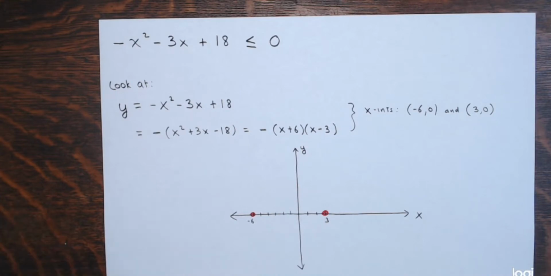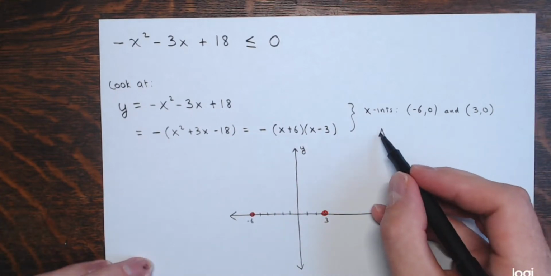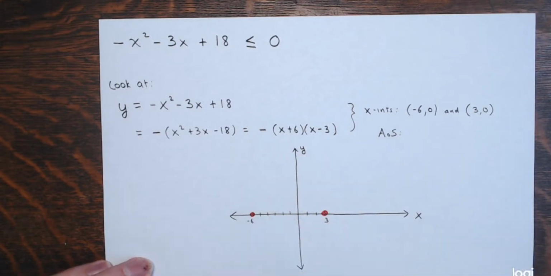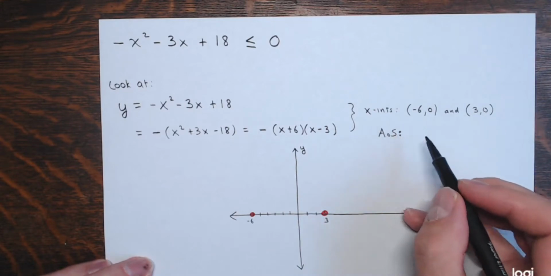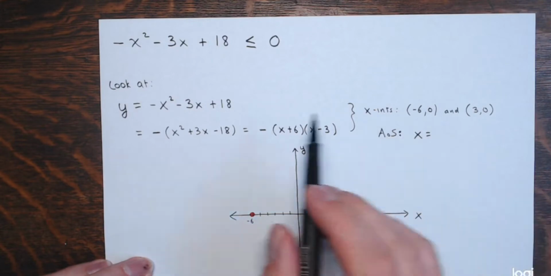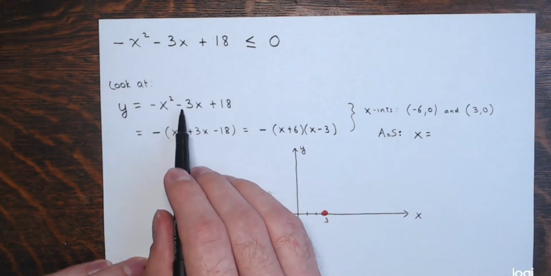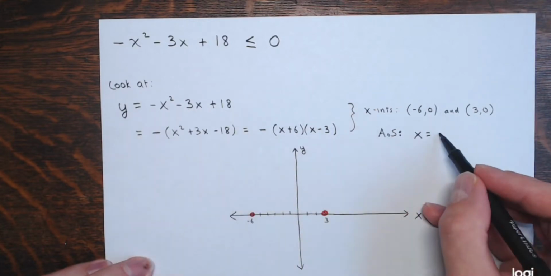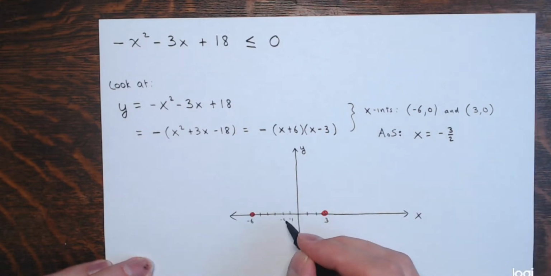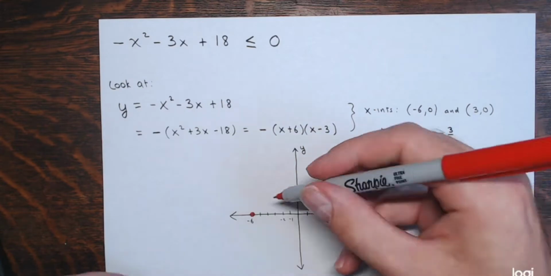Now the axis of symmetry, I'll put that in as well, so you know where the halfway point, where the vertex should be. Again, I'm not going to find the vertex. That's really unnecessary here. It'd be x equals negative b over 2a. So 3 over negative 2, that'd be negative 3 halves, negative 1.5. So the axis of symmetry is here.